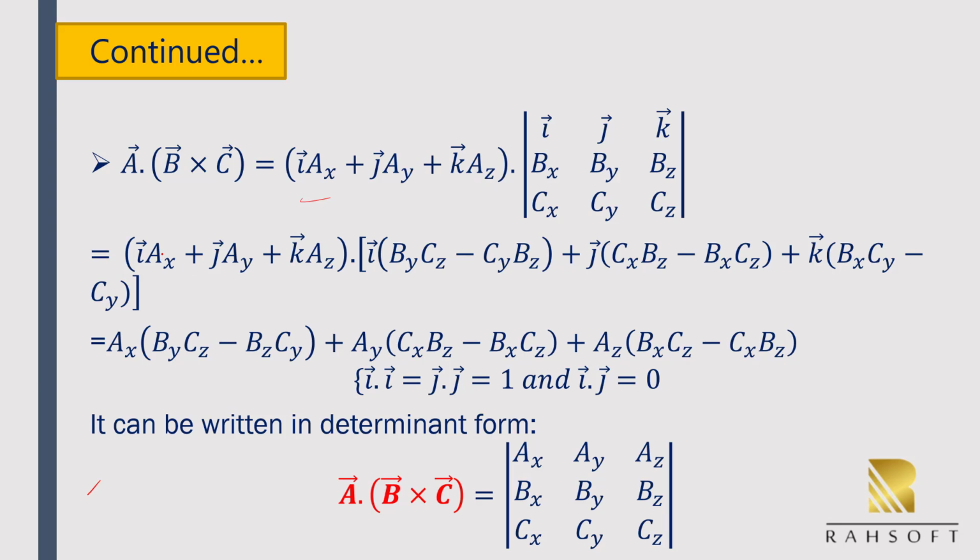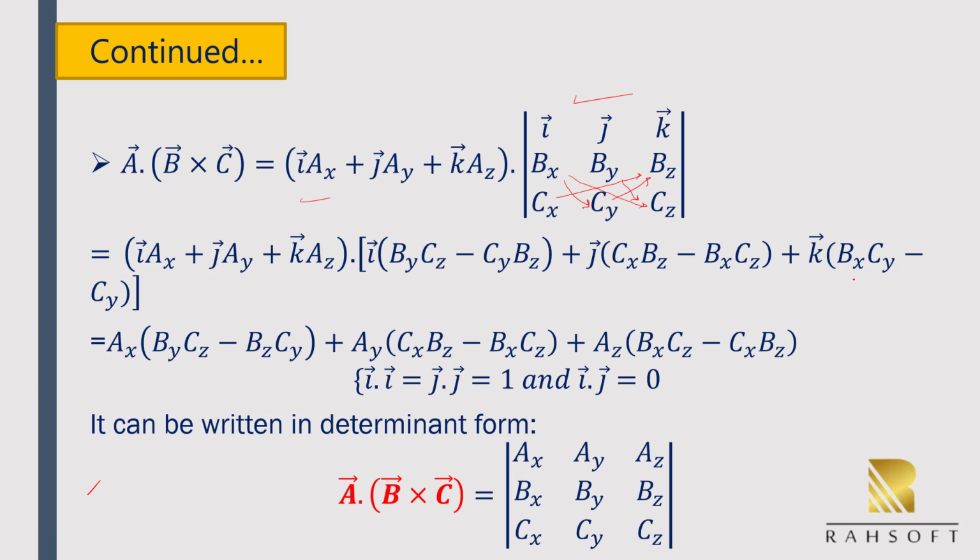So now we have this vector A, i Ax plus j Ay plus k Az, and we solve this determinant here: unit vector i (By Cz minus Cy Bz) plus unit vector j (Cx Bz minus Bx Cz) plus unit vector k (Bx Cy minus Cx By).